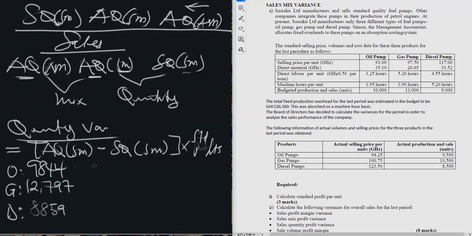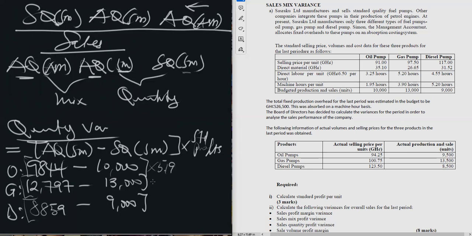Standard quantity at standard mix, we had 10,000, 13,000, and 9,000 from the question. So all we have to do is multiply for each of them: oil pump, gas pump, and diesel pump. This one was 5.19 standard profit, this one 19.5, and 32 cedis 50 pesewas for the last one. So you just get your figures.